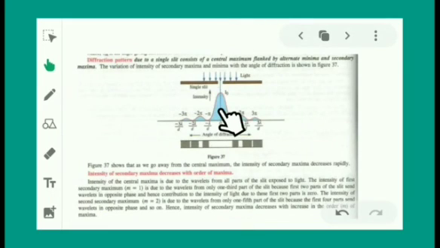See here in this graph, it is showing the intensity versus the path difference or phase difference. You can see that the width of the central maximum is double that of the other secondary maxima, and the intensity of the central maximum is more than that of the other maxima. Here the explanation is given why the intensity of the secondary maximum decreases with the order of the maximum.